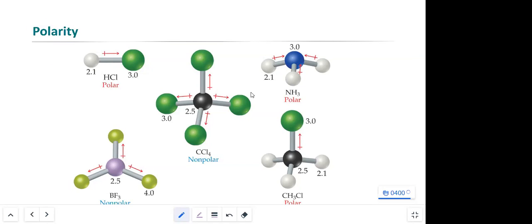Now, in the case of hydrogen chloride, that is a molecule made up of one bond, and that one bond happens to be polar, so the molecule itself is polar also.